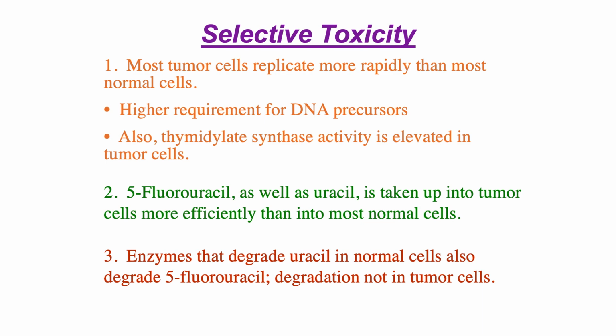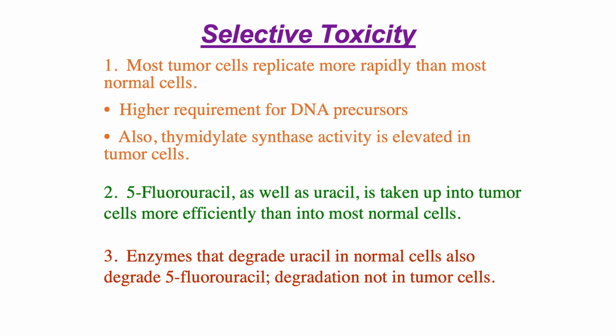Okay, so selective toxicity, this is something we've been talking about: most tumor cells replicate more quickly than regular cells. And 5-fluorouracil is taken up into cells more efficiently than into most normal cells.